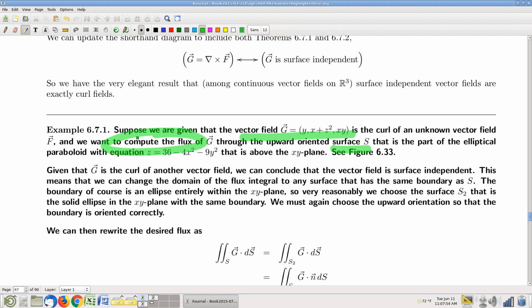Here's your vector field, here's a surface, go. Compute that flux. What was unnatural about this example is that in addition to that, I was given this mysteriously. Where did this information come from? I was just magically given that this is the curl of some unknown vector field. I don't know what it's the curl of, but it is a curl. It's like a bad plot device, right?